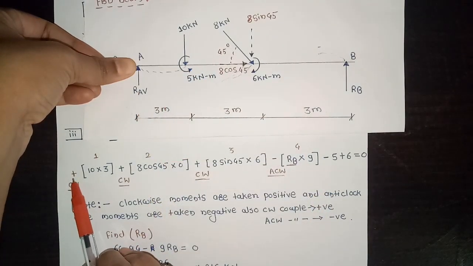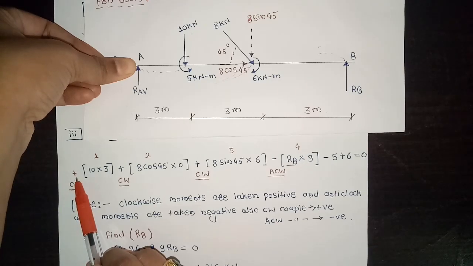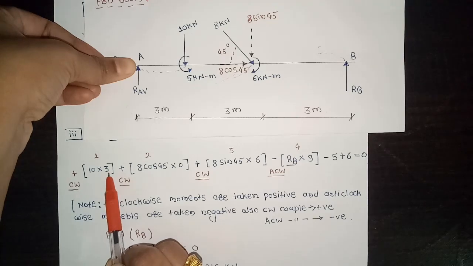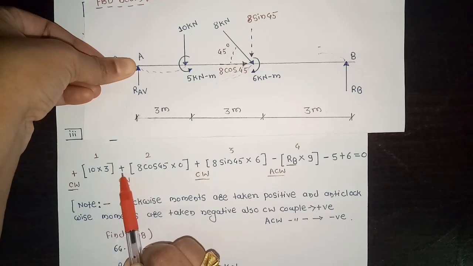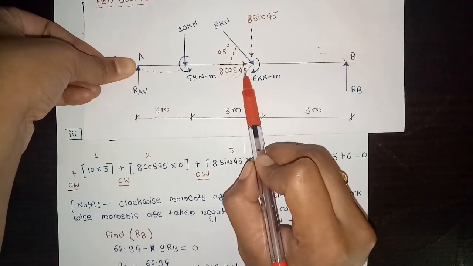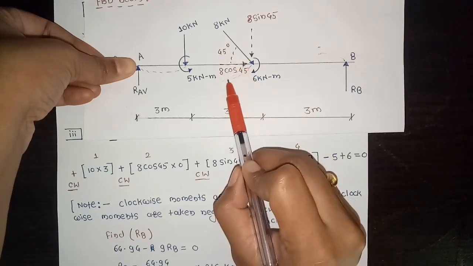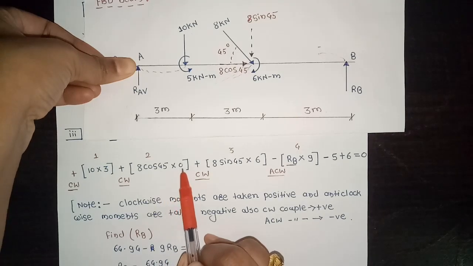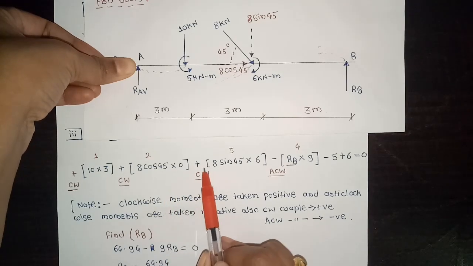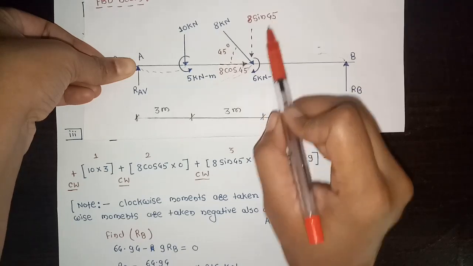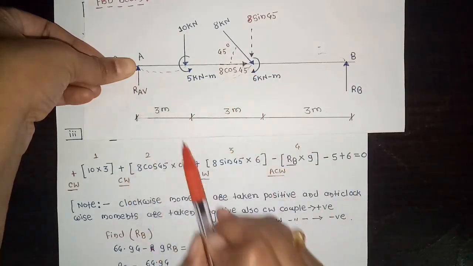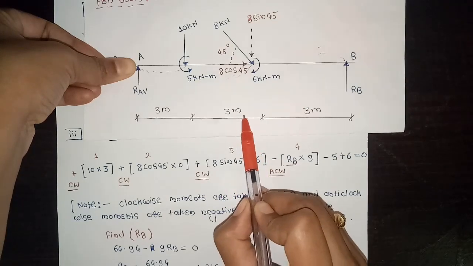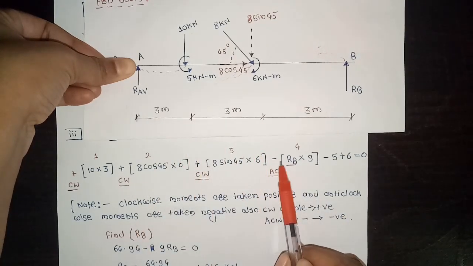So clockwise moment taken as positive: first force 10 into perpendicular distance 3, then plus second force 8 cos 45, this is the horizontal force, so into perpendicular distance 0, then third force 8 sin 45 which is rotating clockwise, so plus 8 sin 45 into perpendicular distance 3 plus 3, 6.